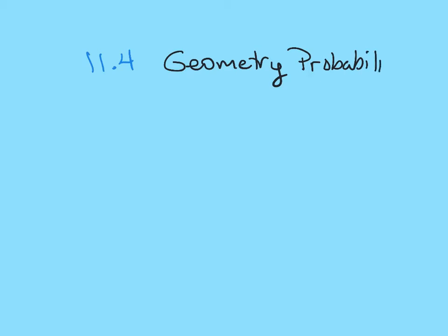And the last section on the quiz is section 11.4, and this was the geometric probability. First thing that we covered in this section was to find the probability if you had a line segment, so dealing with length.